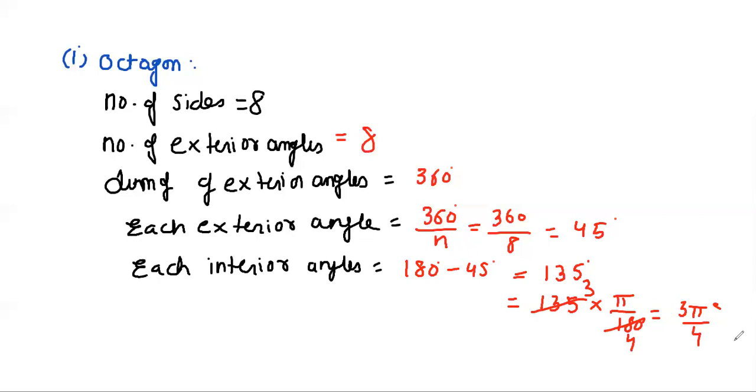Now I'm solving another question. Now we have a question here. Okay, let me take another page. We are given that the radius of a circle is 9 centimeters.